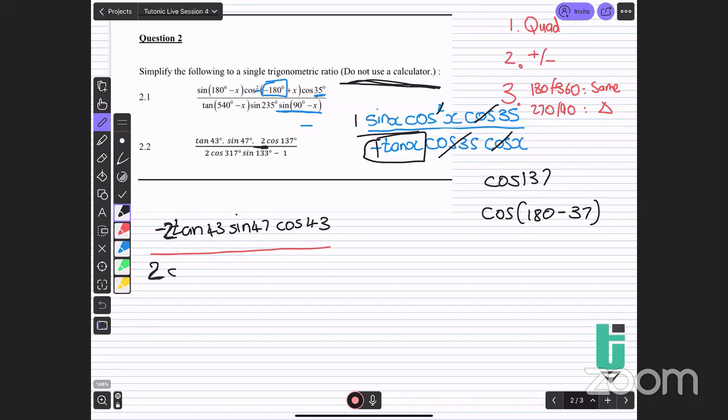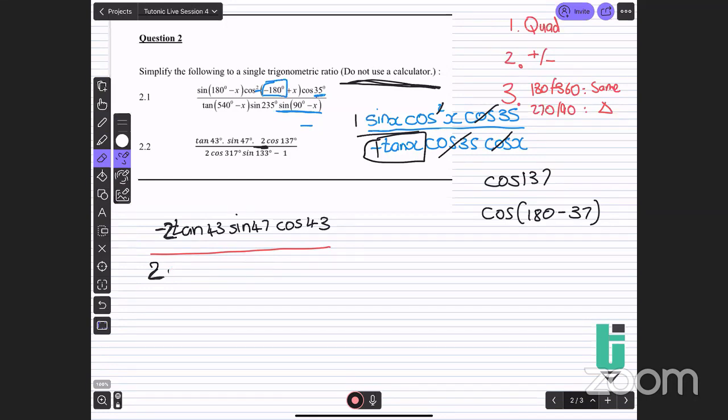You're making the connections between the different angles. This is what they want you to do. And what is cos of 360 minus 43? Just cos 43. So then you've got something to cancel in the numerator.